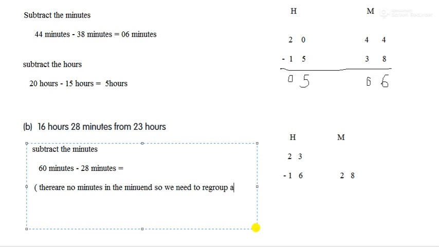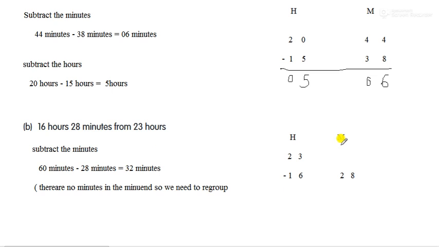We need to regroup from the hour. So here 60 minus 28 minutes is 32 minutes. So it is less than 60 minutes. So here we will write 60 minutes.